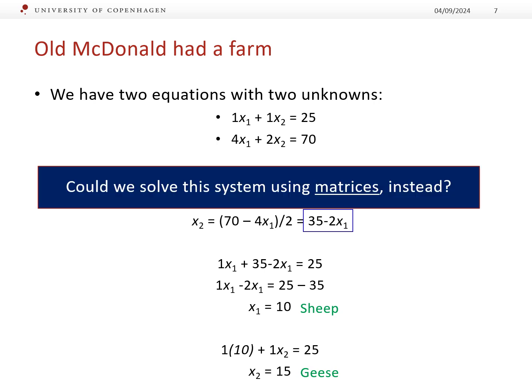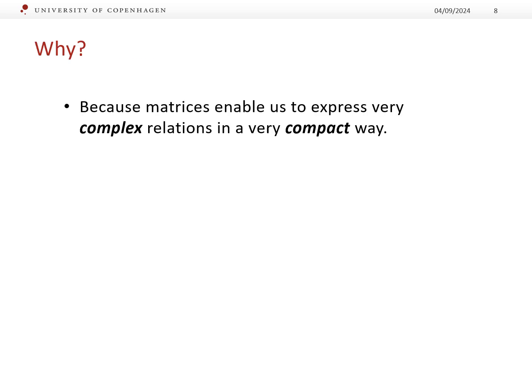But could we solve this problem using matrices instead? So you'll probably instinctively know that in a lecture focused on matrices, the answer must be yes. But why would we want to do that if we are so used to working with substitution? Well, because matrices enable us to express very complex relations in a very compact way.